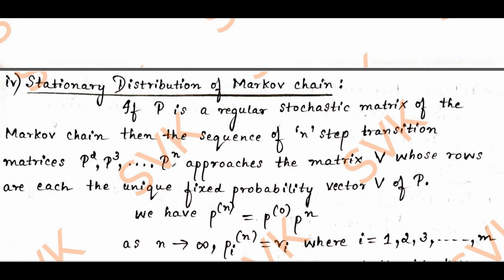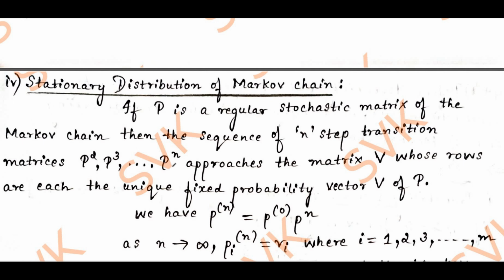For example, if we have a 3 cross 3 matrix, the unique fixed probability vector V is given by x, y, z. The value of xyz will be the same as the matrix we are going to have, P power n. The element x will be equal to p11 upon n, and similarly p33 upon n for z.